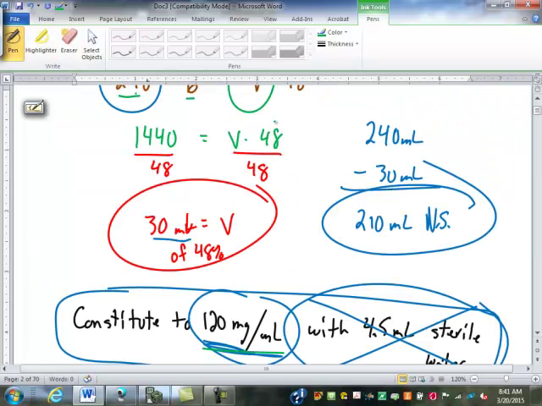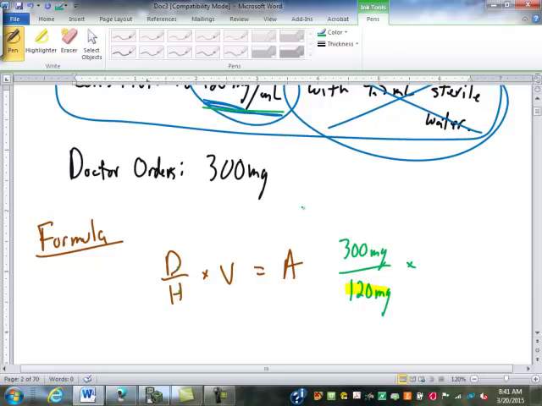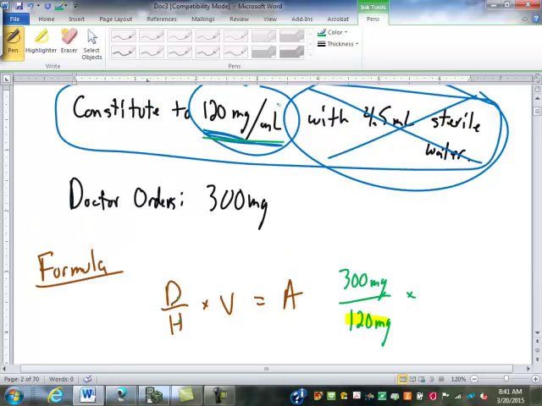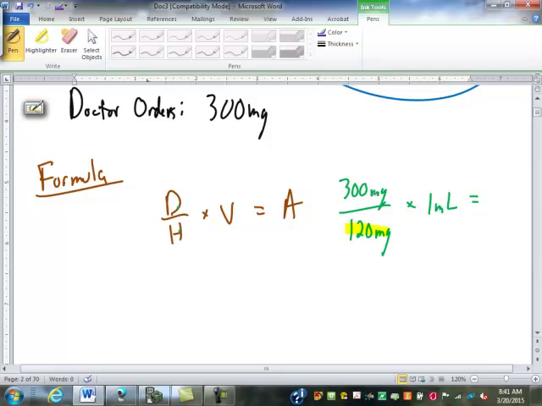It's a little tricky to pick out, but if you look at this closely, what carries 120 milligrams is 1 milliliter. So the key is that these units have to divide out. They must be the same. 300 divided by 120 is 2.5 times 1 milliliter gives us 2.5 milliliters to administer to the patient.